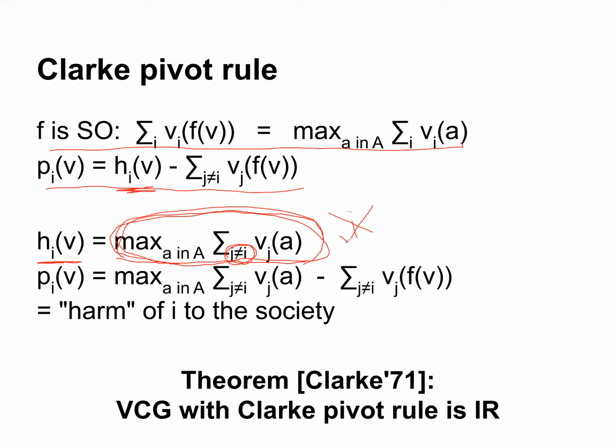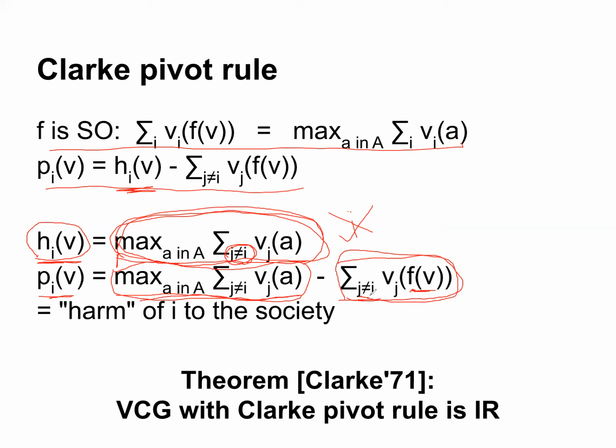Okay, so let's ignore user I. Let's forget about him or her. Just maximize the happiness of everybody else. So that's h_I. And here it is. Now the price that the user pays is this maximum total happiness without user I, minus the total happiness of everybody else when user I was in the picture. Here, the social choice function f chooses an allocation when user I is in the picture, so altogether for all n users.